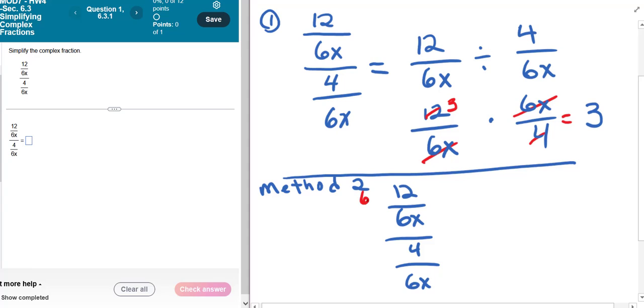We'll multiply by it up here and down here. That way we have really multiplied by 1, which is always okay to do. This will cancel this denominator, and it will cancel here, which leaves us 12 over 4, which is 3.